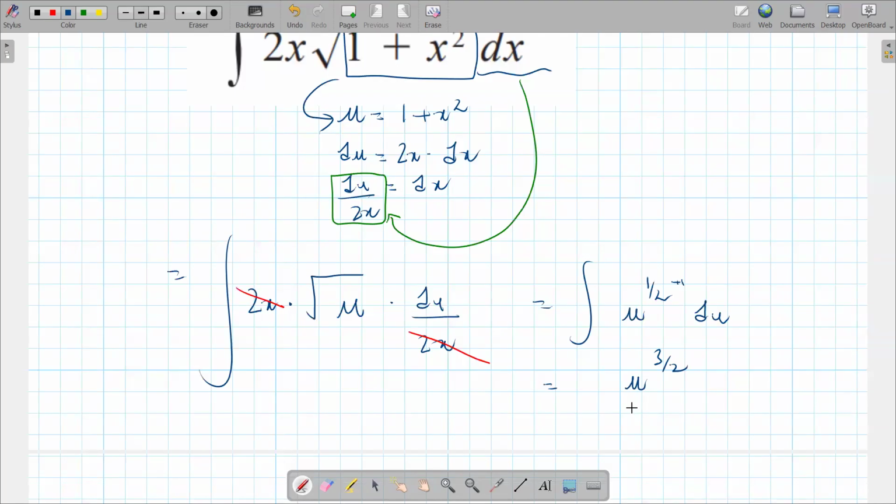You're always going to be dividing it by the new exponent. If you have x to the power of n, the integral is going to be x to the power of n plus 1 over n plus 1. Okay?